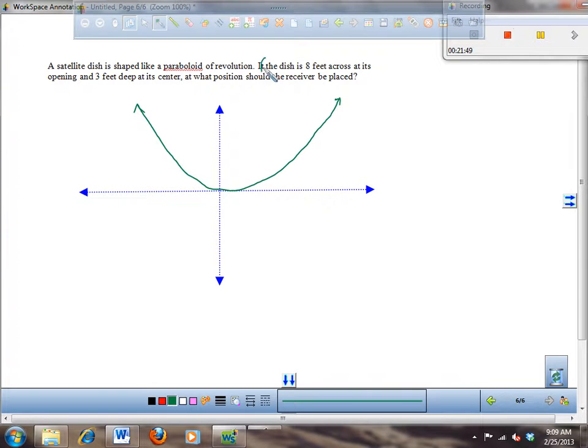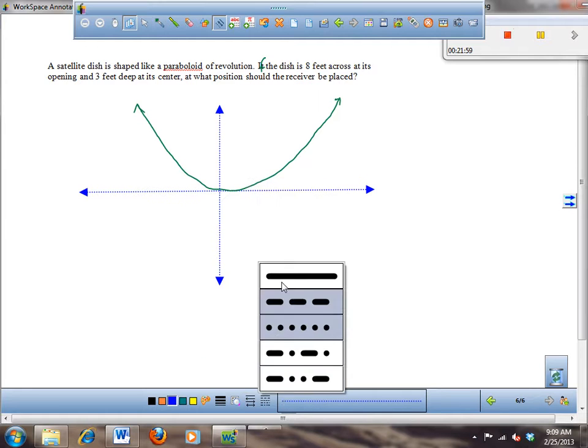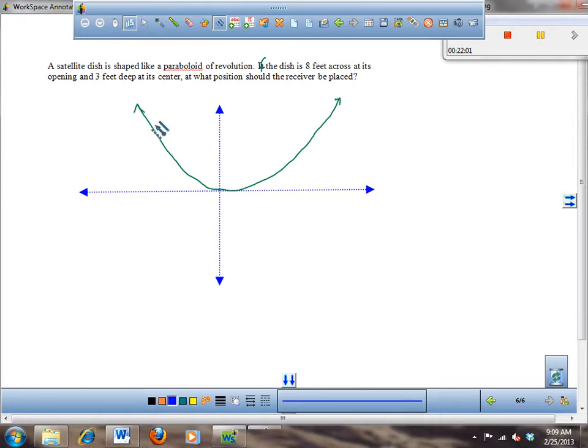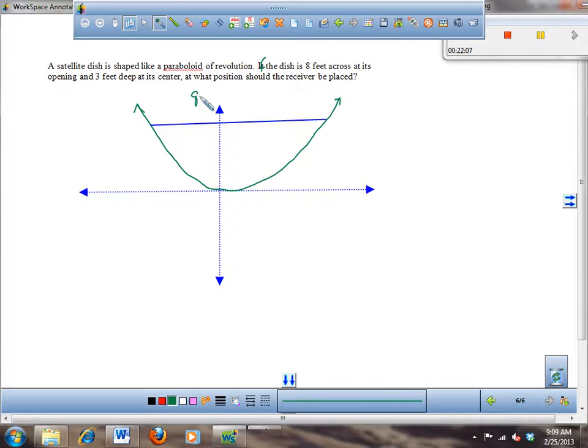That should say the dish is 8 feet across at its opening, okay? So from here to here, it's 8 feet across. It should be symmetrical around the x-axis, but that's okay.